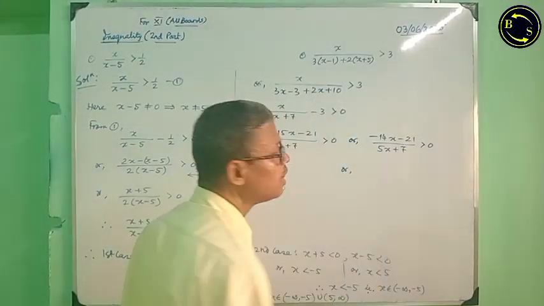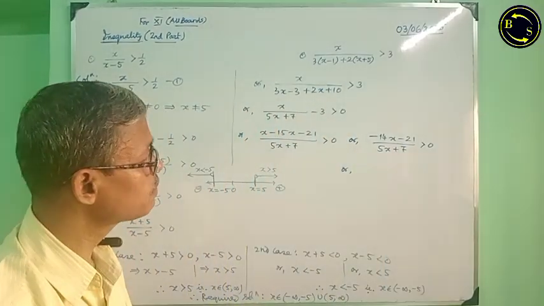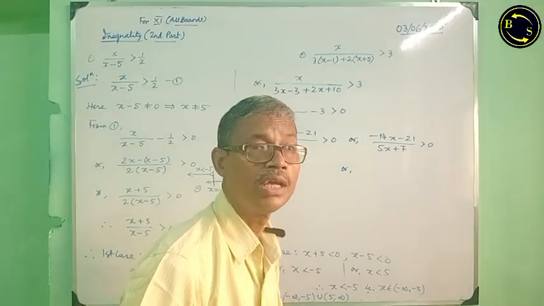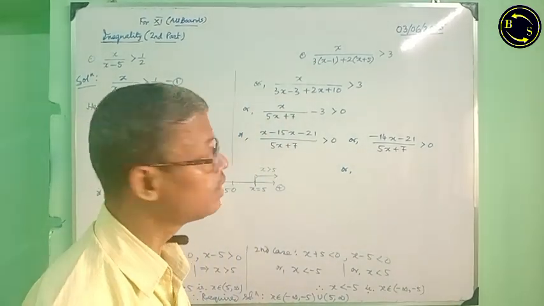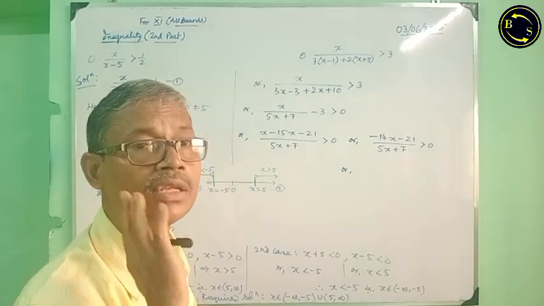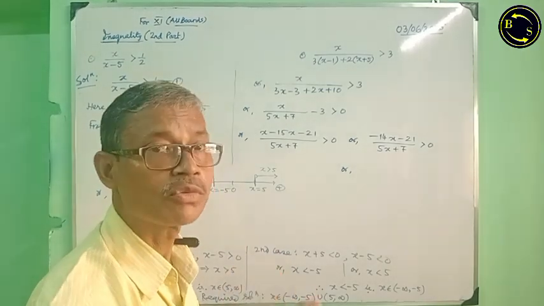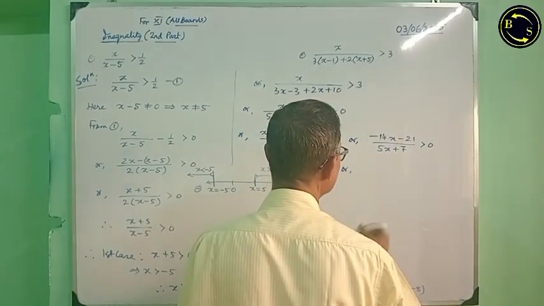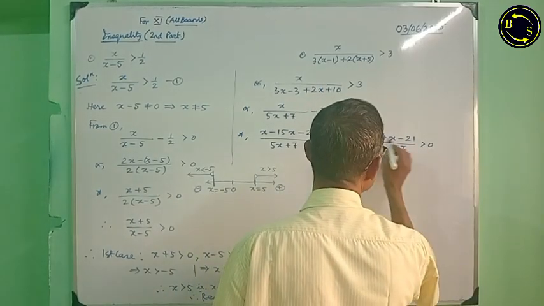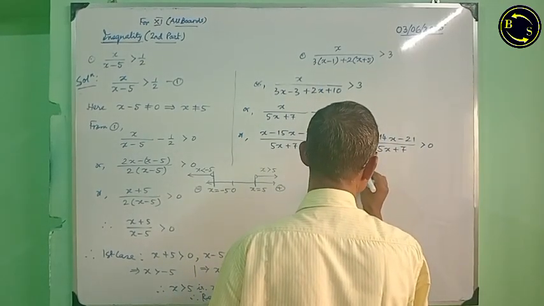Now both are negative. Minus 14x minus 21. If we want positive one, that means we are multiplying that minus by minus 1 on both sides, then the inequality sign will be reversed. Also 7 is common factor here.